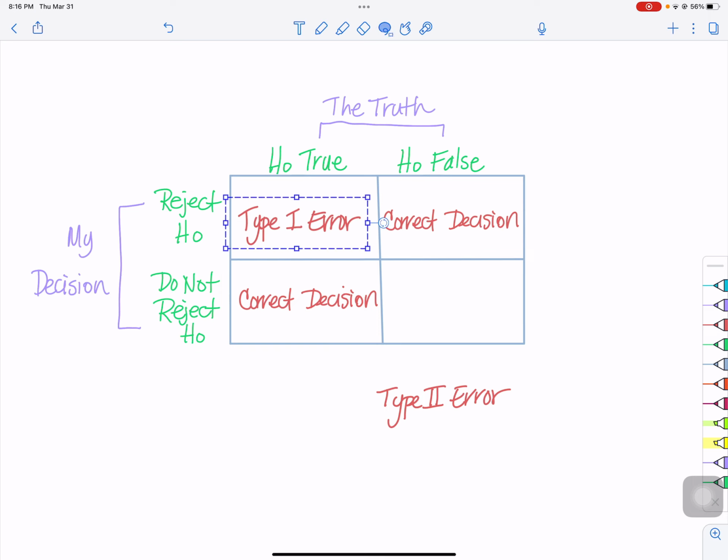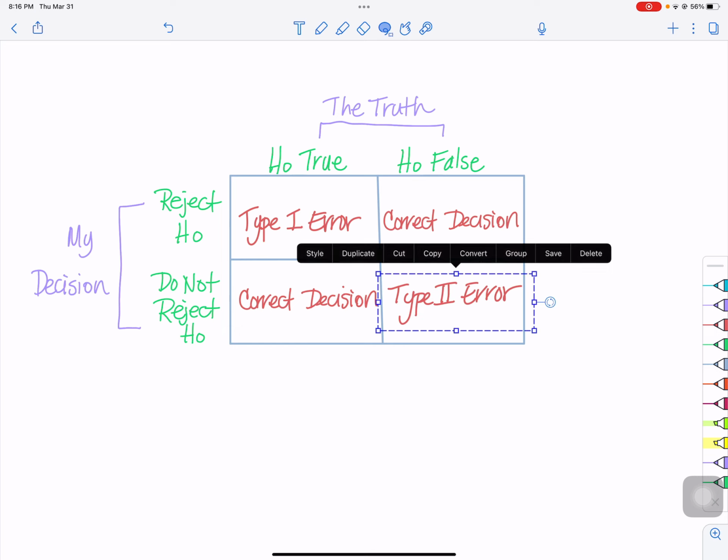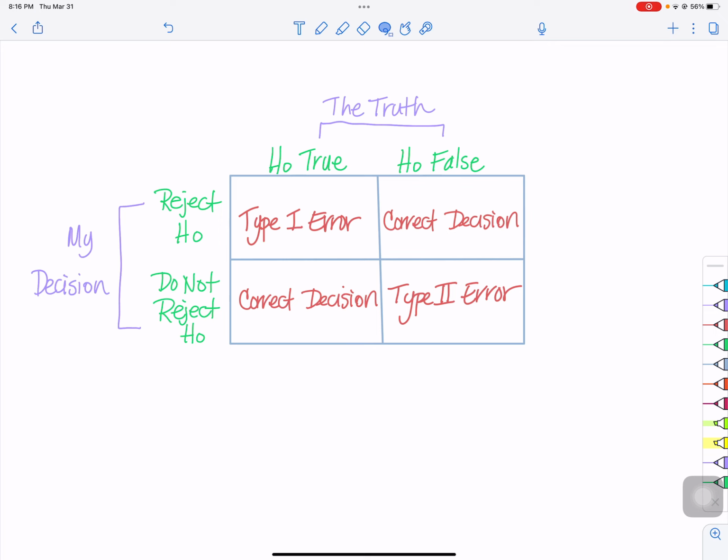So that is a type 1 error when we reject a true hypothesis. And of course, there's only one place left for our type 2 error, and let's talk about that. Our type 2 error occurs when the null hypothesis is false and we don't reject it. A false null hypothesis needs to be rejected, and we did not reject it. So that is a type 2 error.